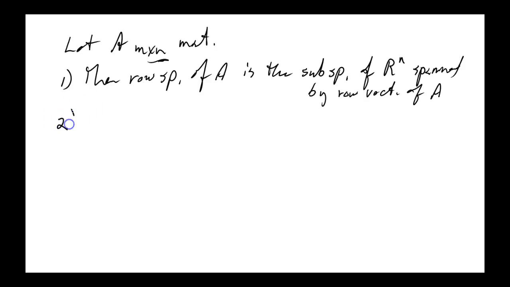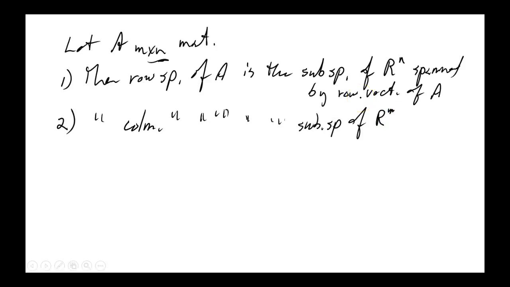Number 2, the column space of A is the subspace of Rm. Now why m?